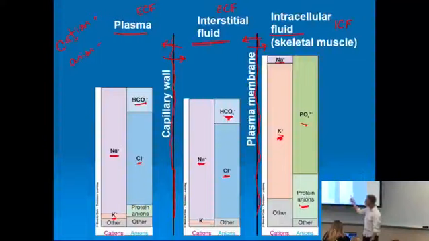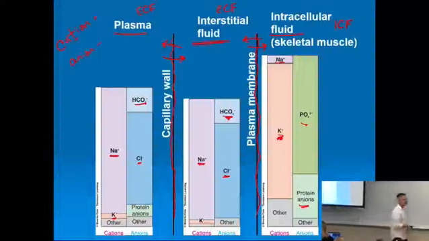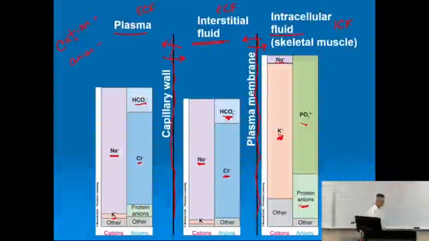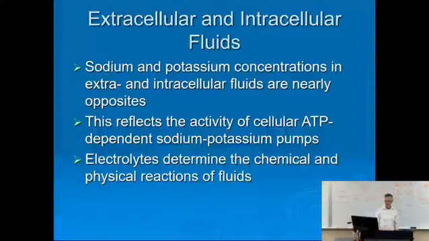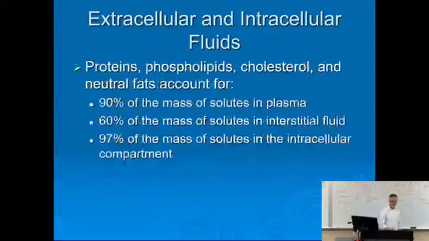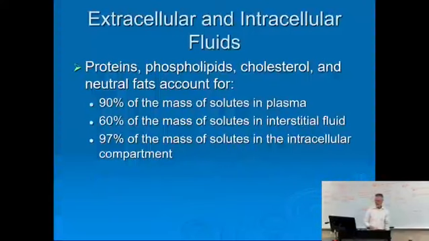It also has to do with those protein anions sitting inside. Okay, so like we said, our sodium and potassium concentrations are nearly opposite because of that sodium-potassium pump, and it helps to maintain that external and internal environment in that particular state.